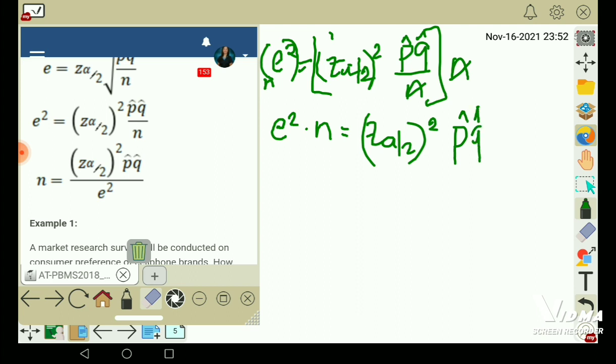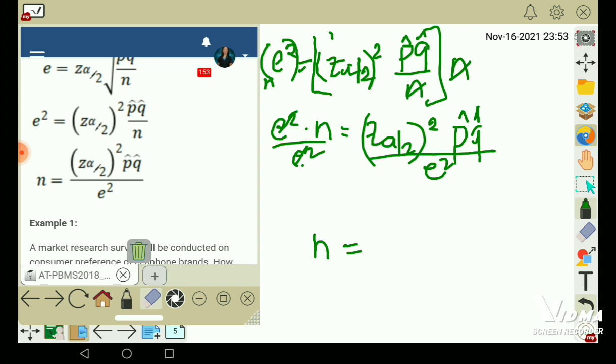Now, since we need to find your sample size, which is determined by n, we are going to divide by e squared. Same goes with this one, e squared. Okay, so they cancel out, and we have the remaining n.